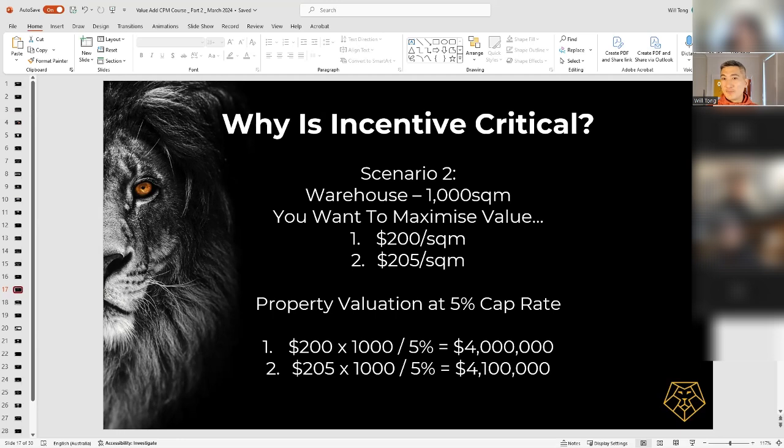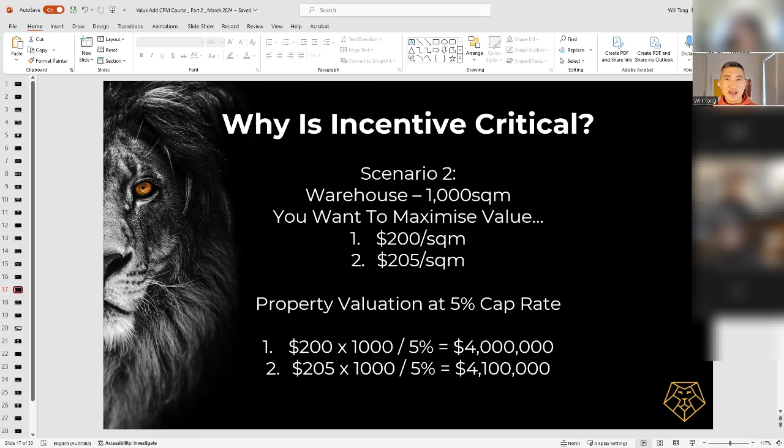So you try to lease the property out for $205 per square meter, but you give that extra $5 per square meter back to the tenant by way of incentives. The difference in valuation, as you can see from the scenario here, is about 100 grand.